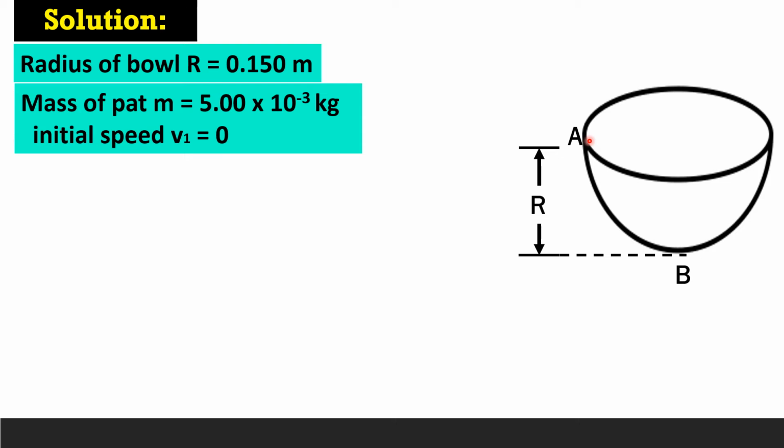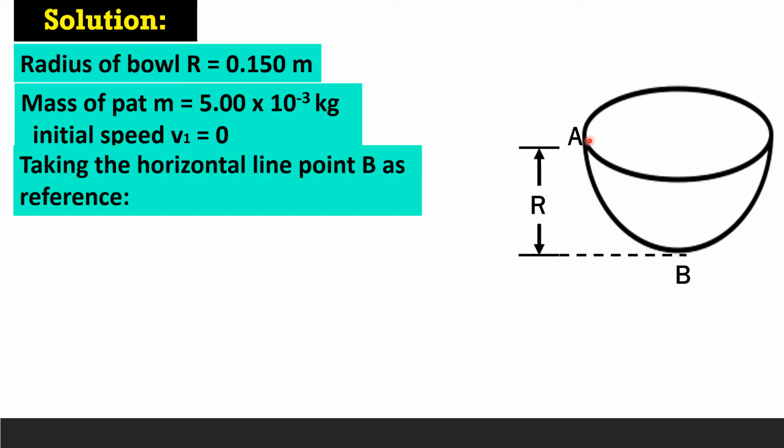Now we have to take a reference, and we choose the last line here, which is labeled also as point B. The horizontal line will be our reference in defining gravitational potential energy.